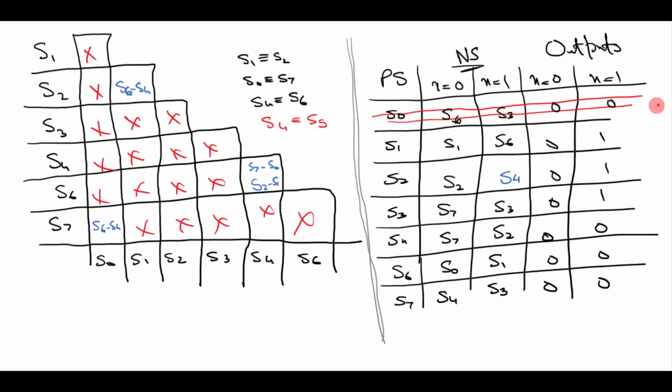Once you have deleted this row, you have to make sure that this S0 is not present in your state transition table. So as you can see, this S0 is present here. So you have to replace it with S7. So here you have S7.